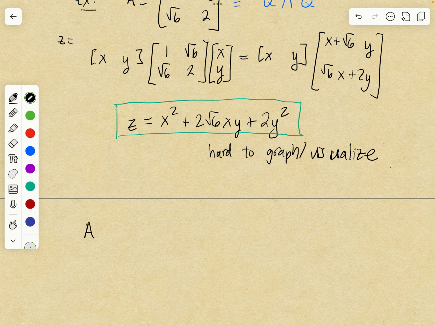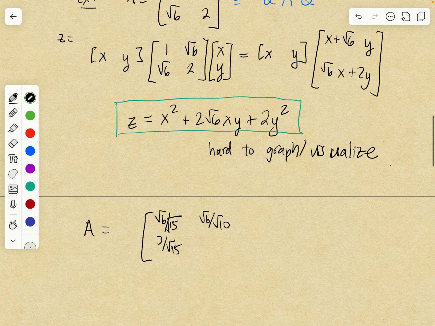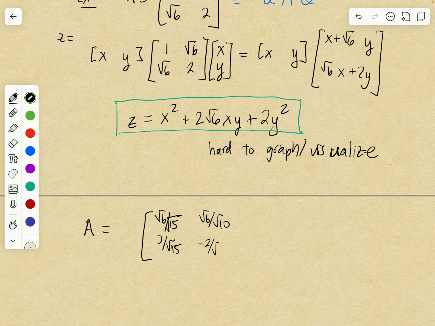We saw that A is equal to the matrix with rows root 6 over root 15, 3 over root 15, and root 6 over root 10, negative 2 over root 10. That's our matrix Q. And then lambda was 4, negative 1. And then we had Q inverse, which is the same as Q transpose.